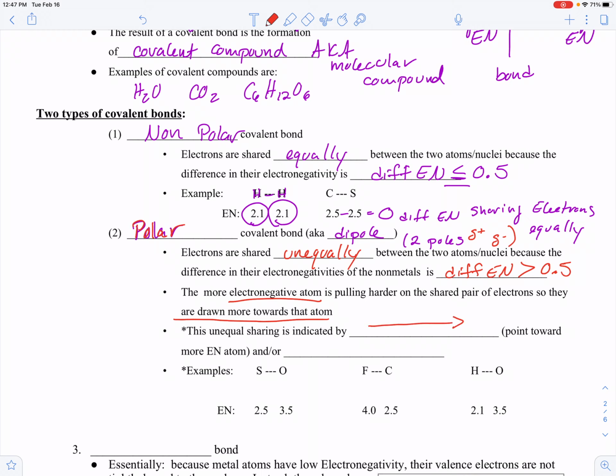You can draw a dipole as a little arrow with a little plus sign on the back end of it, and it's always pointing toward the more electronegative atom. You can also show the unequal sharing by writing the partial positive symbol and the partial negative symbol. This is going to make a lot more sense when I go over a couple of examples.